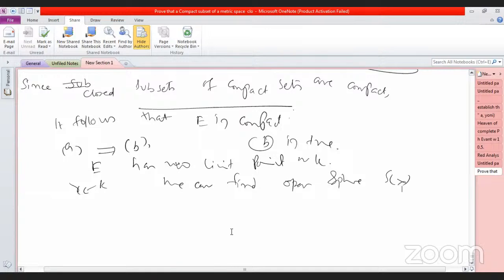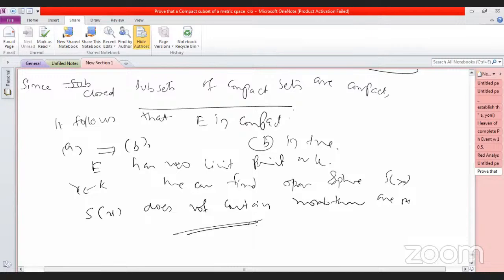So S of x does not contain more than one point of E.